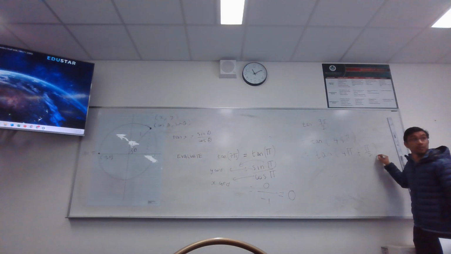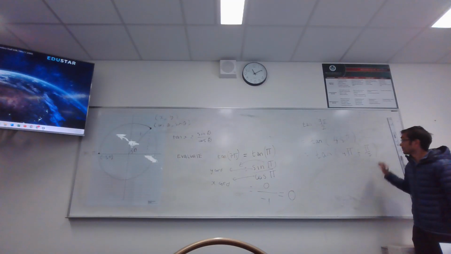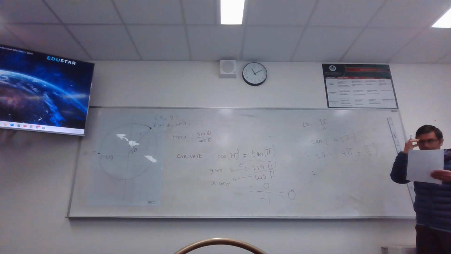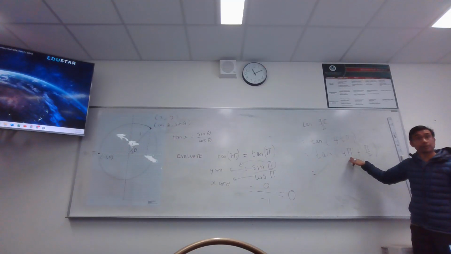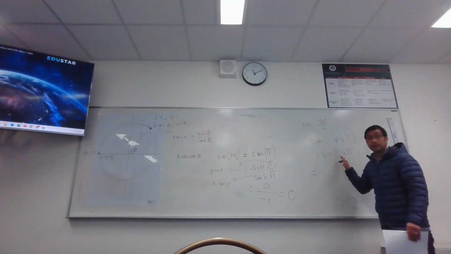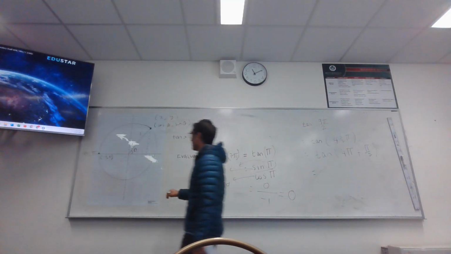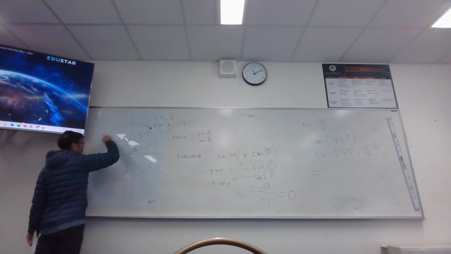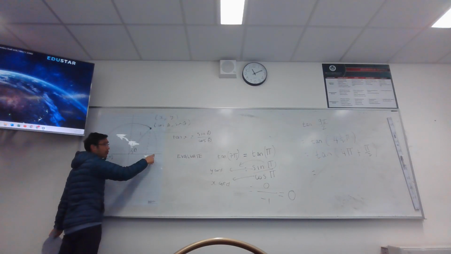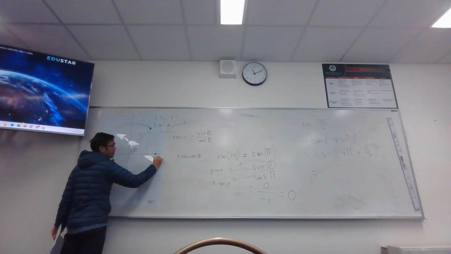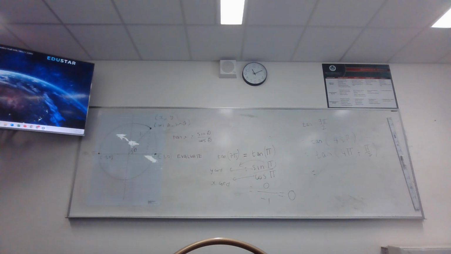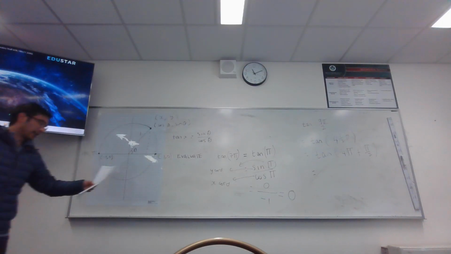Are we good with that? We did a bit of this on Friday. Okay, so look carefully at the 4 pi. 1 pi, 2 pi, 3 pi, 4 pi. We're over here. That's 4 pi at (1, 0). Tan of 4 pi plus pi on 2.